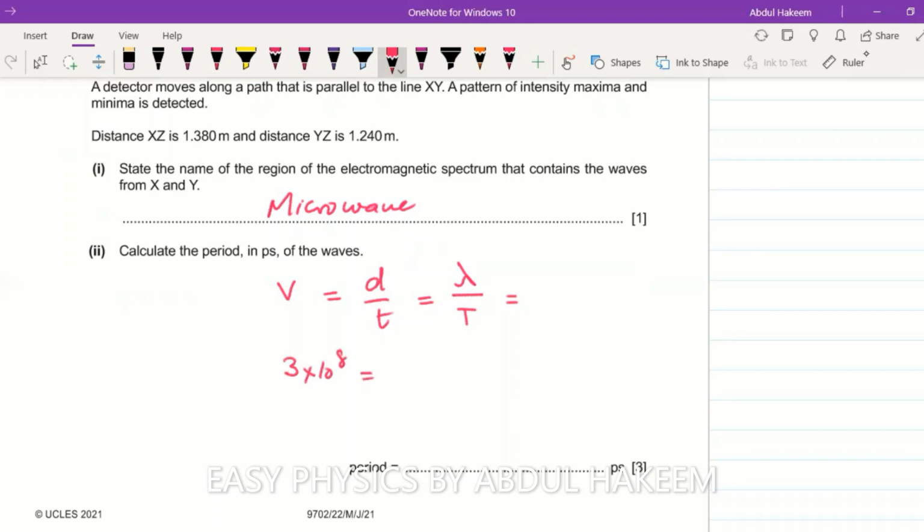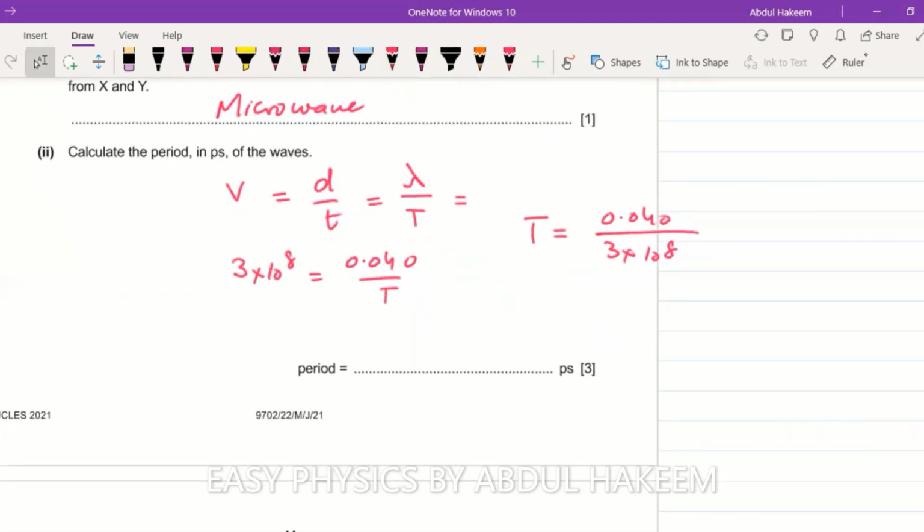The wavelength is given as 0.040, so T is equal to 0.040 divided by 3 × 10⁸. After the calculation, using the calculator, it comes to approximately 1.33 × 10⁻¹⁰.